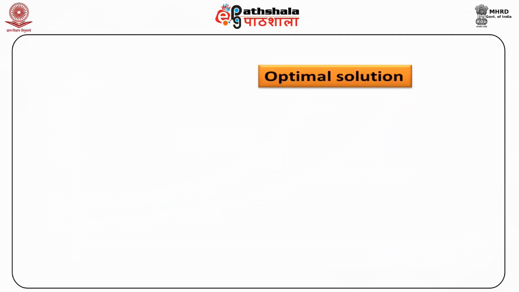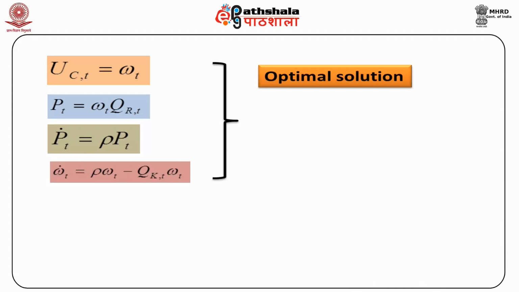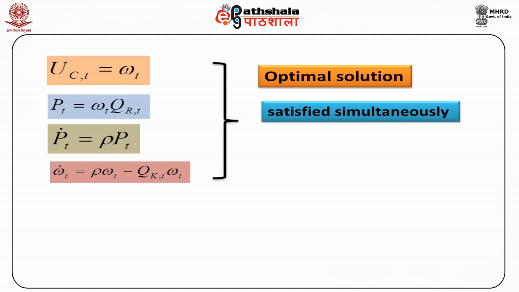The optimal solution to the optimization problem given by the equations UC,T = ωt, Pt = ωTQR,T, Ṗt = ρPt, ω̇t = ρωT − Qk,T ωT requires that all the four conditions be satisfied simultaneously, along with the initial values for stocks of capital and natural resource.